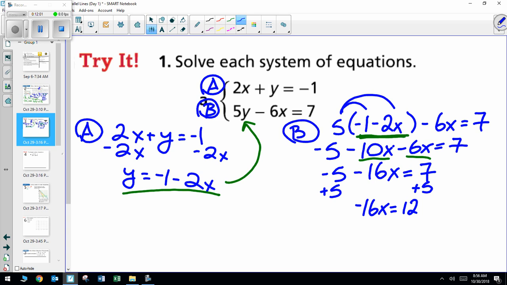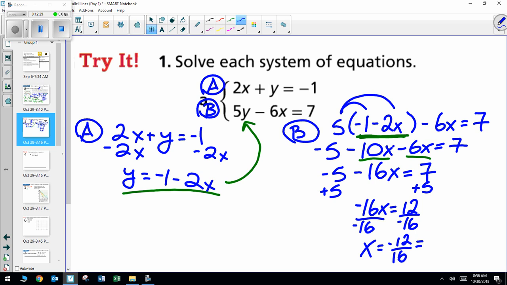The last step is to divide both sides by -16. So I get x is equal to -12/16, which, if I simplify that, what's a common factor 12 and 16 have in common? 2 or 4. If you took out 2, you would just have to take out 2 again.